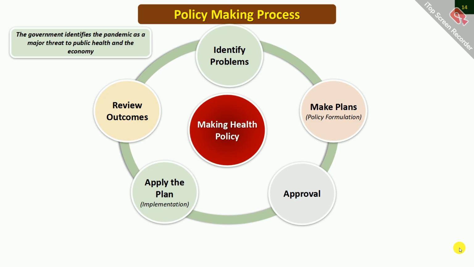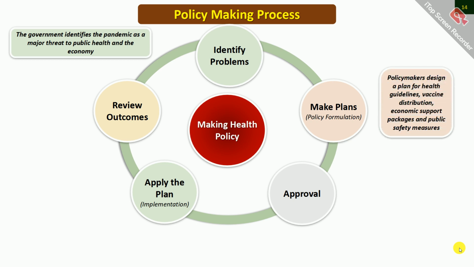So first of all, the government identifies the problem. Say for example, in the case of a pandemic, it was a major threat to public health and the economy. So in that case, the problem was identified. Regarding policy formulation, policymakers design a plan for health guidelines, vaccine distribution, economic support packages, and public safety measures.